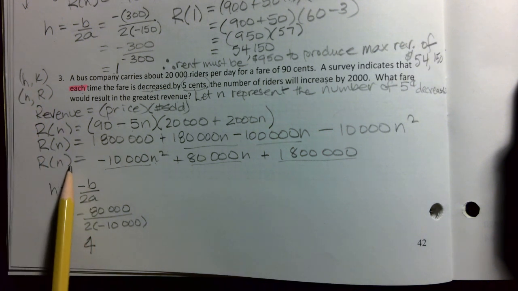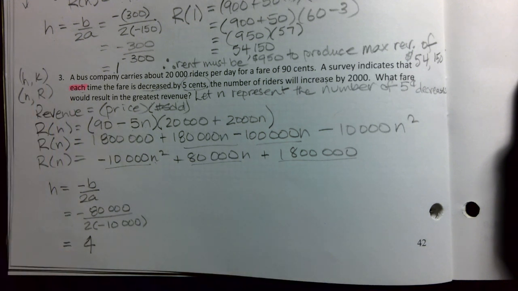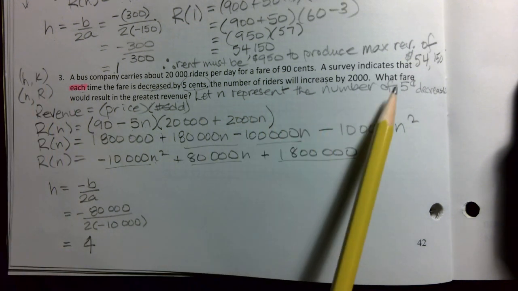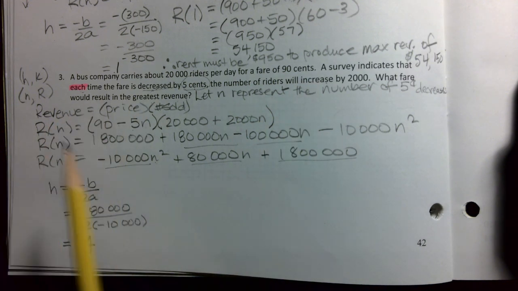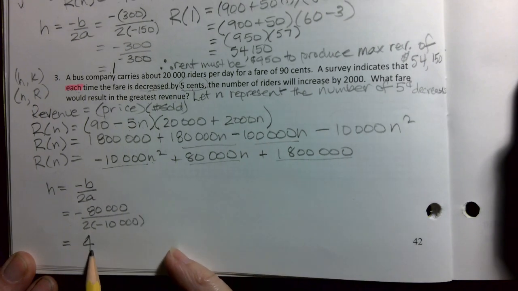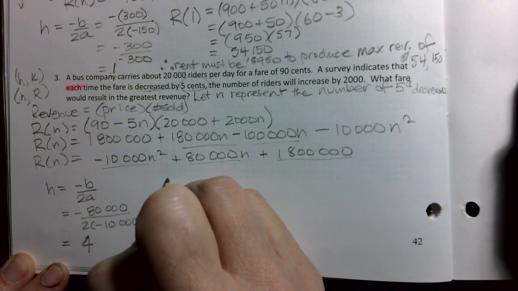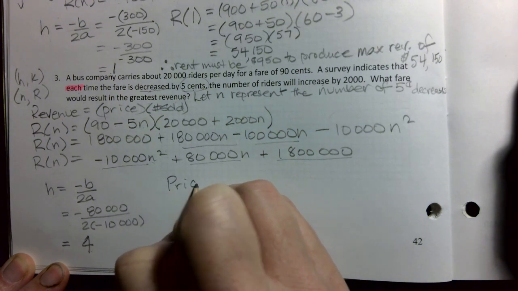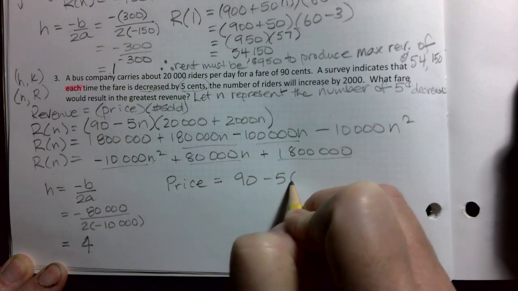R of n is behaving like y, and k is the y coordinate of the vertex. So if we're looking for the fare that would result in the greatest revenue, then we need to take this 4 and put it back into the price function, which is 90 cents minus 5 times n.